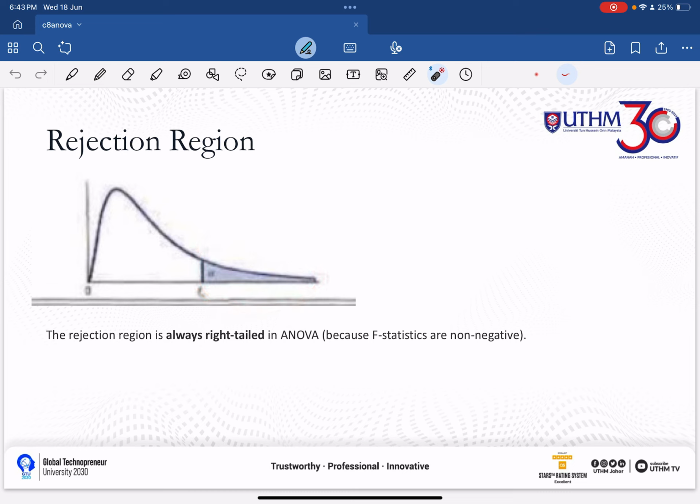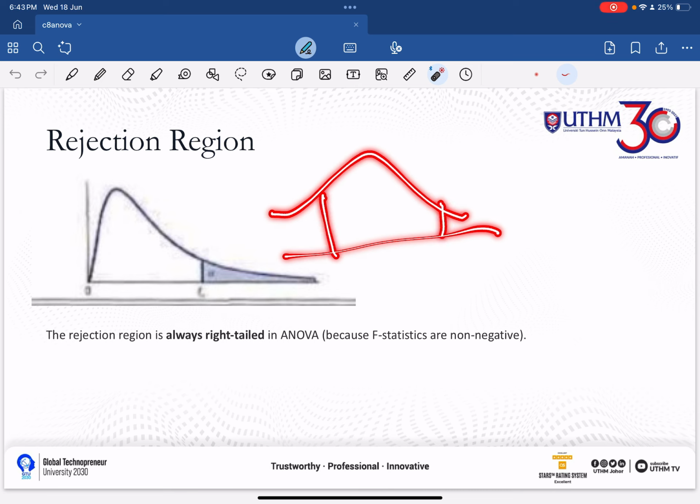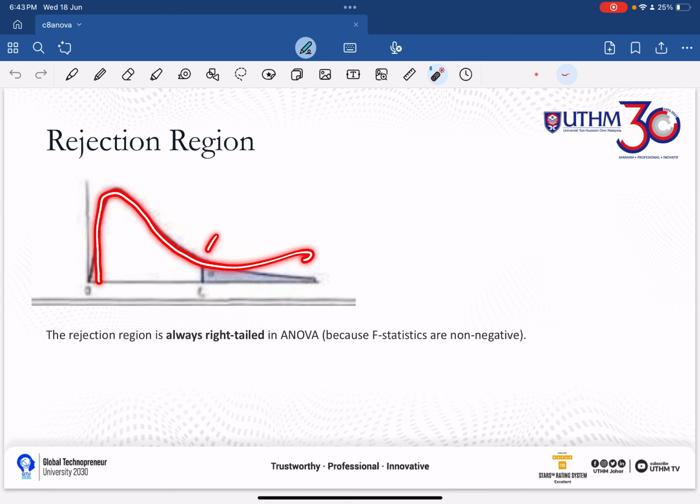Okay, so here is the rejection region. The rejection region is always the right tail for ANOVA. Of course, before this we also had both tails, right and left tail. But here in ANOVA it is only one side.